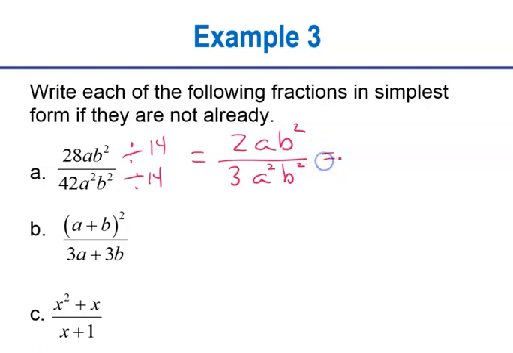But remember, when you divide fractions and you're dealing with variables to a power, you can simplify that even more. Now I'm going to show you that this is 2AB times B, and in the denominator that's 3A times A times B times B. Why did I do that? Because I think you can see better what cancels.